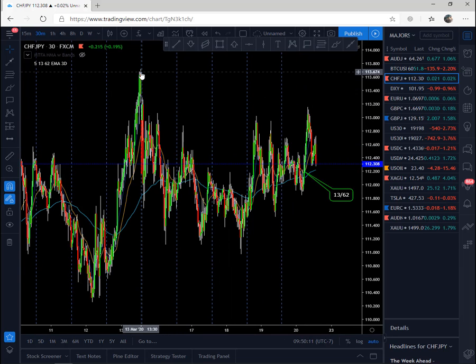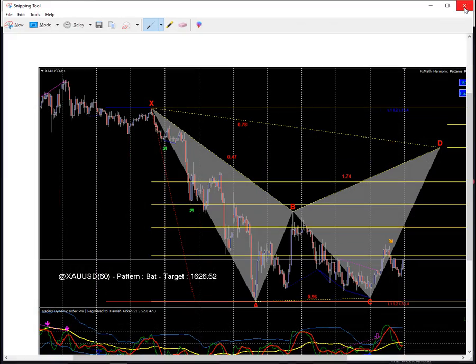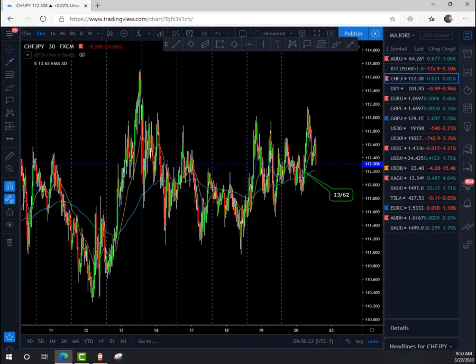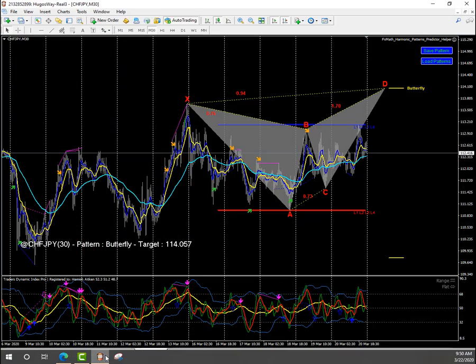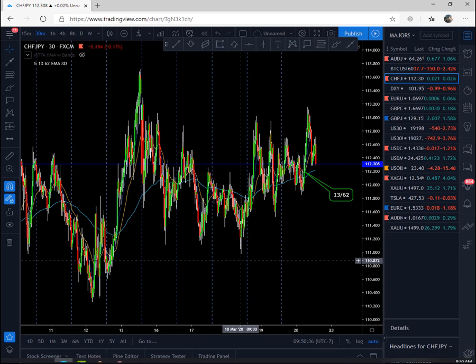It kind of seems like it's going to be this price zone right here. Okay. So I'm gauging that the A point will be this price zone.